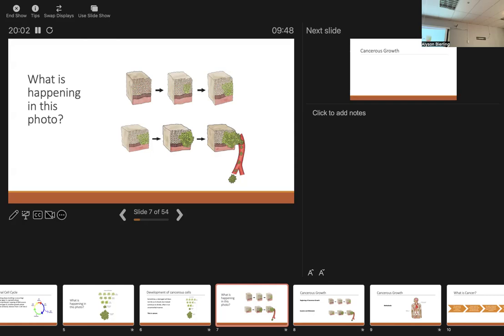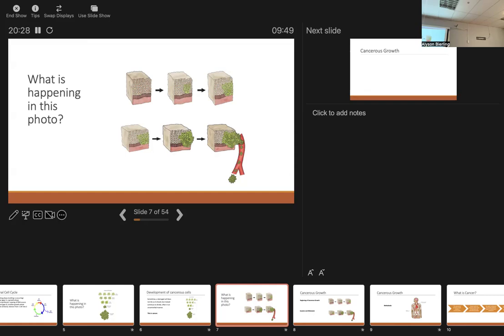But over time, maybe there's repeated sunburn, and those checks and balances might allow some of those damaged cells to continue to divide and grow. That's what we see happening in the second photo.